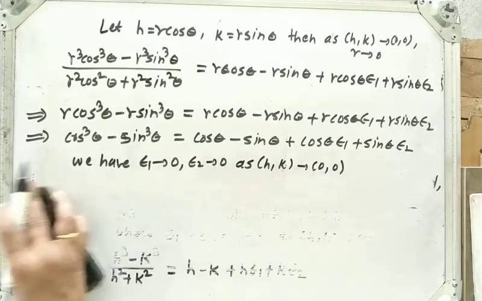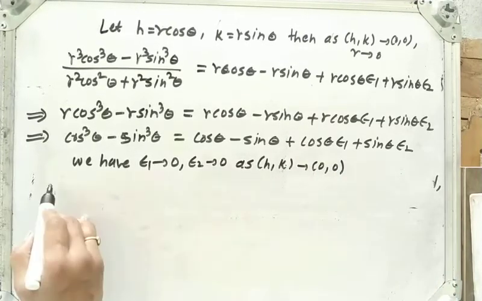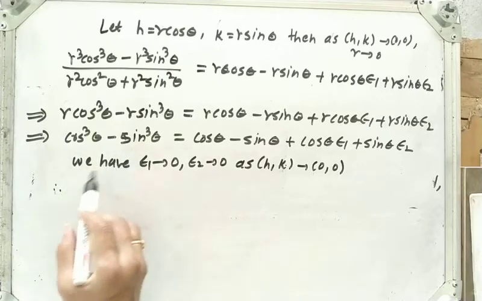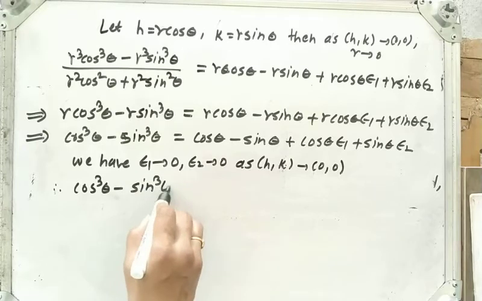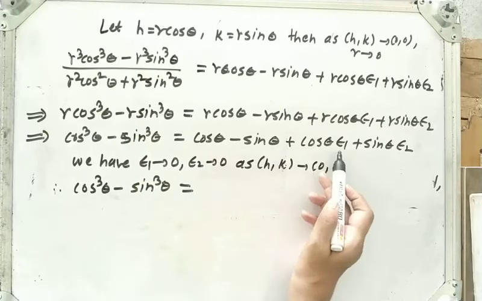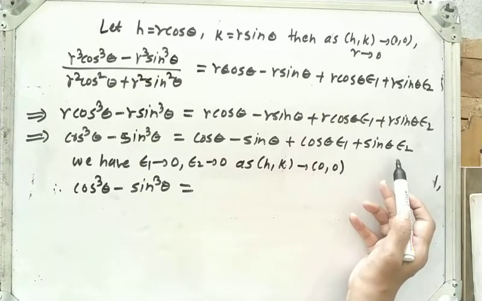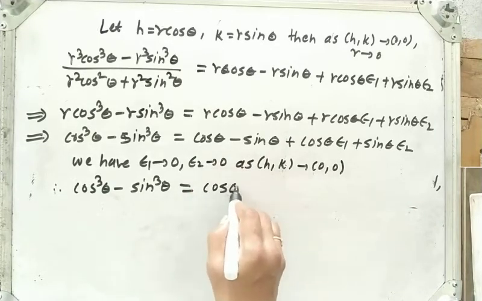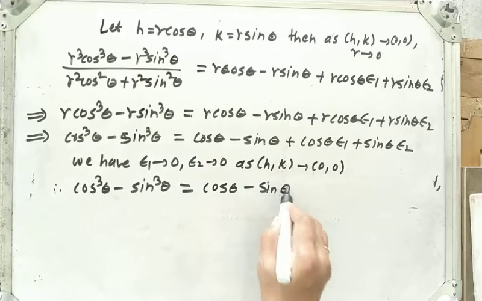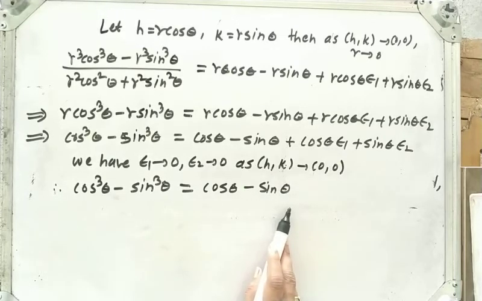Therefore, what we have? Cos cube theta minus sine cube theta is equal to, epsilon 1 and epsilon 2 will be 0 near point 0, 0, so there will be only cos theta minus sine theta. What we get? We get this equation.